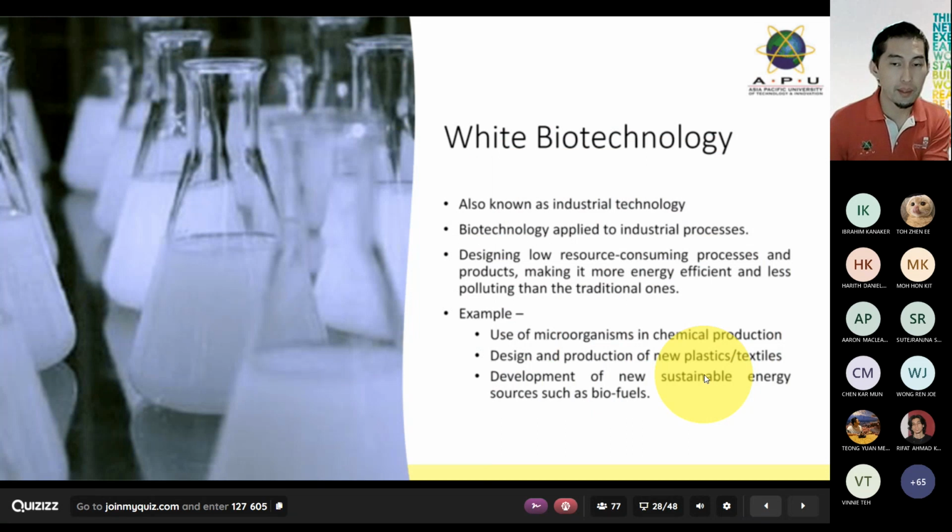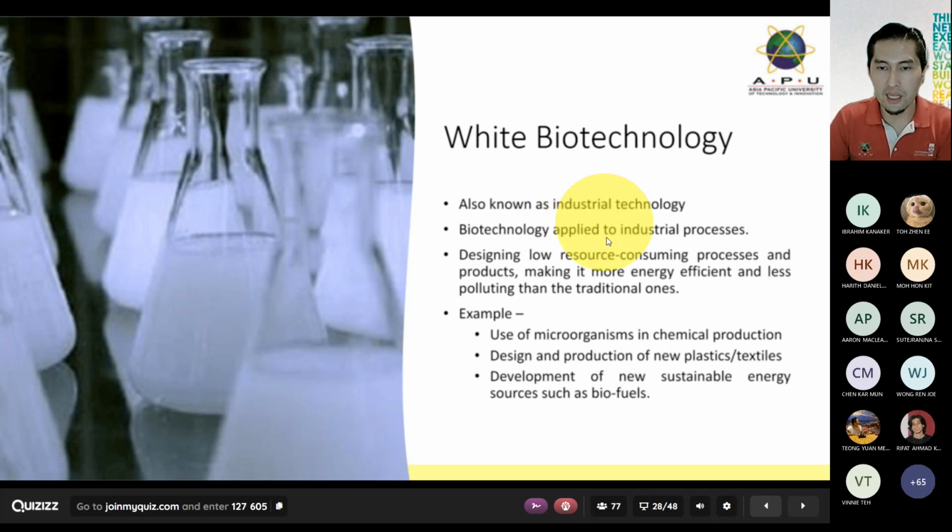Now we move on to white. So white biotechnology, this is your keyword: industrial. Anything which is industrially related. Normally, how biotech got involved in industrial processes is that they are always trying to make things more effective and more efficient, for example.